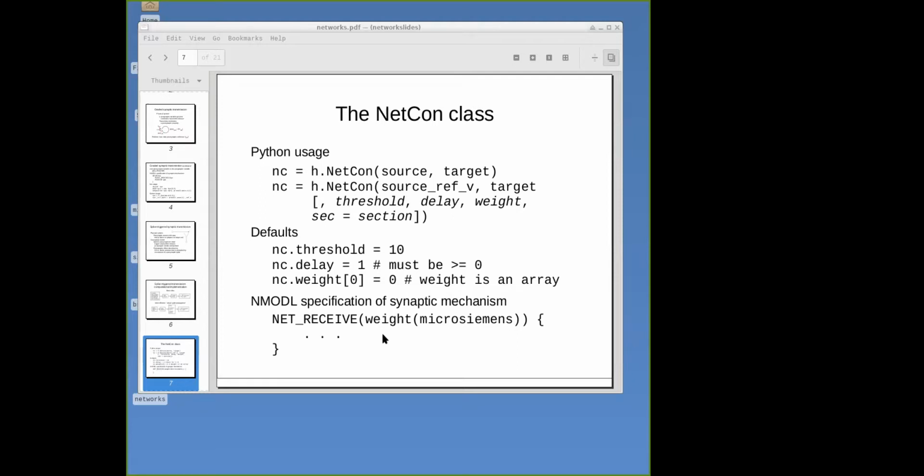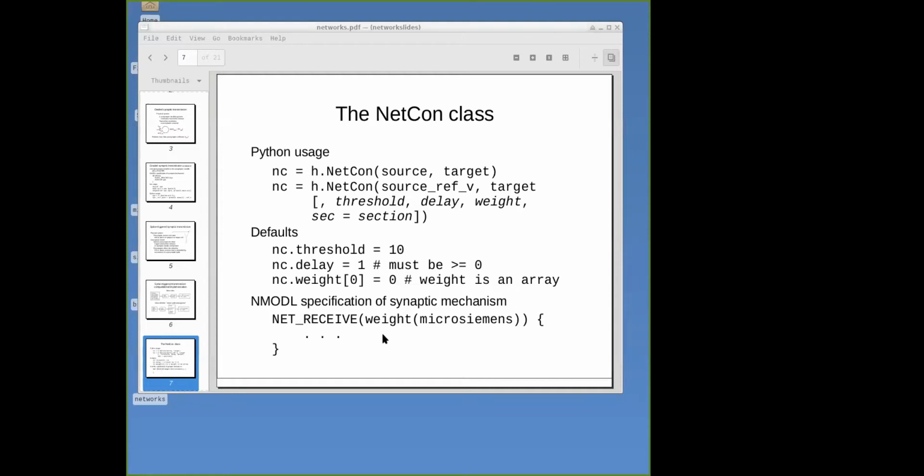The second syntax, where we have a pointer: with one subtle exception that is so rare that it's not worth mentioning, if we're using a pointer, then you must specify the section that's associated. The section is not optional in that case. Okay, that's true. This is true in Python.